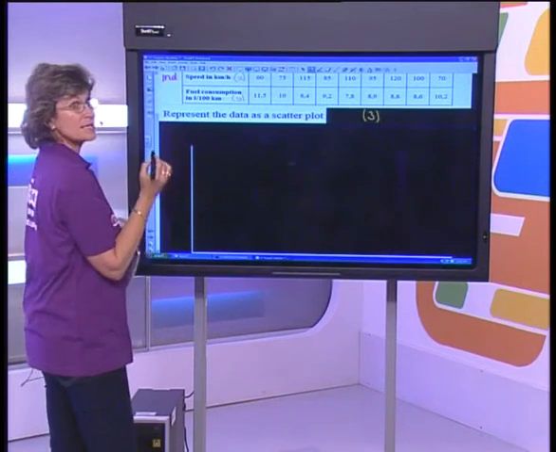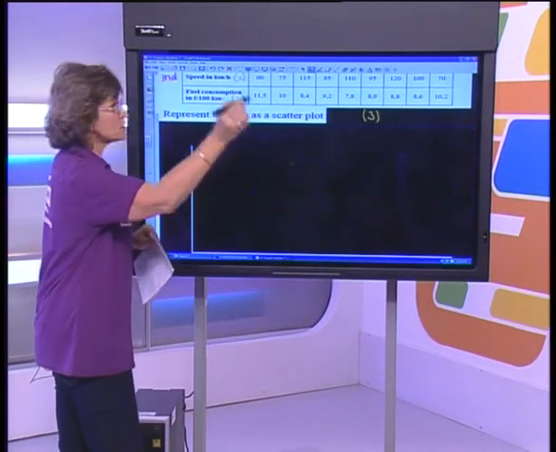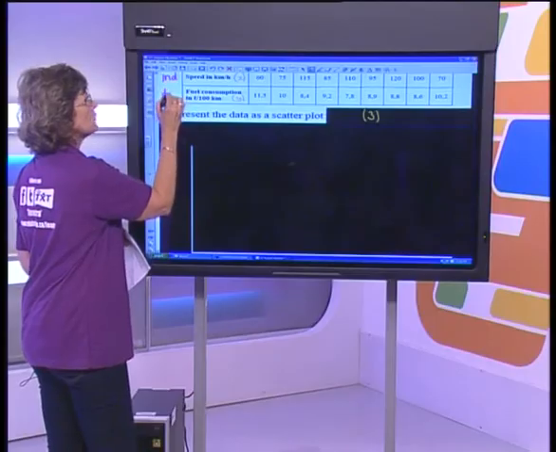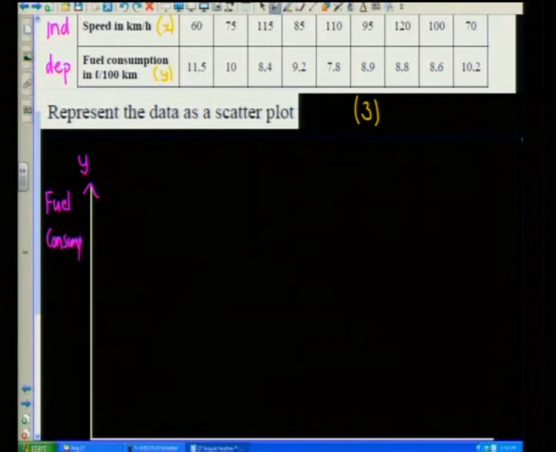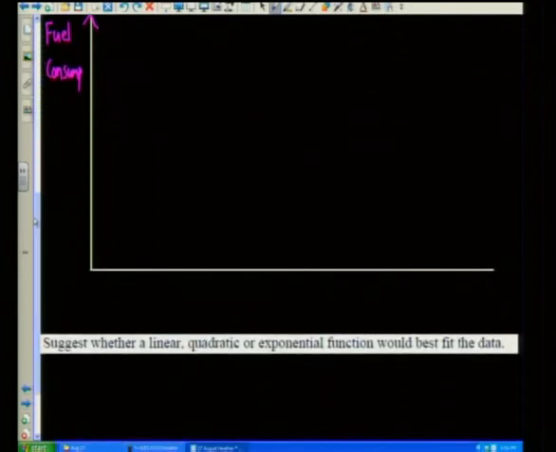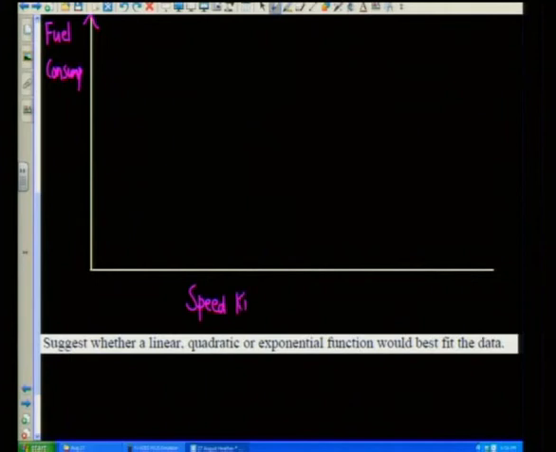That's independent, and depending on your speed is how much fuel you're going to use. So this is going to be your y-axis, or your fuel consumption, all right? And they give marks for little things like labels, all right? So this is your fuel consumption, and the other axis is going to be your speed in kilometers per hour.